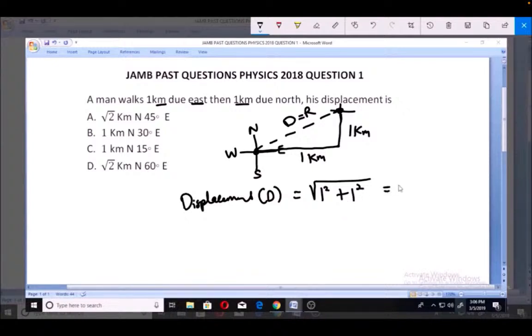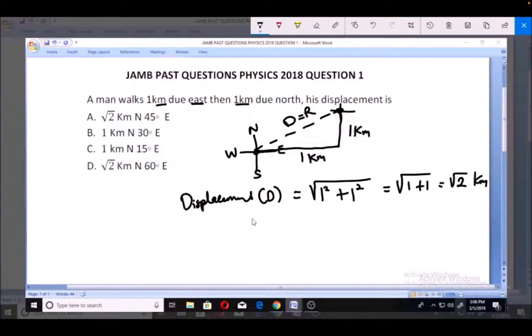And this will give us root of 1 squared is 1, plus 1 squared is 1. So this will give us root of 2. So that is the distance. So you have root 2 kilometers as the distance.